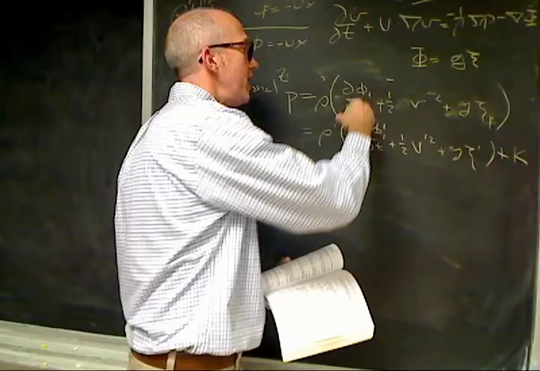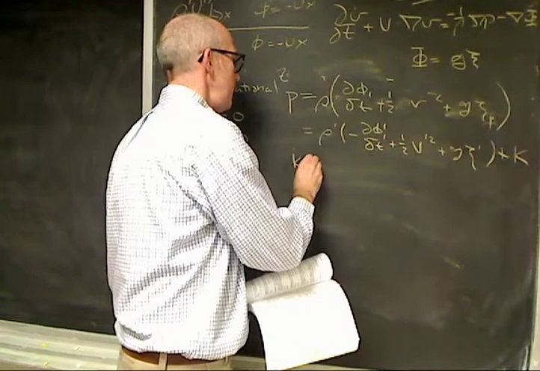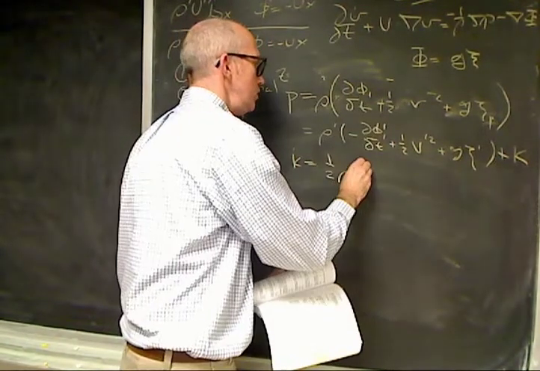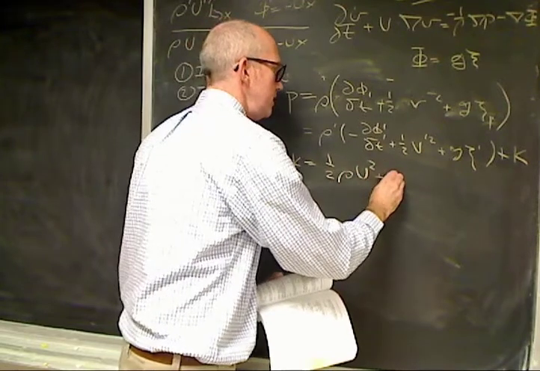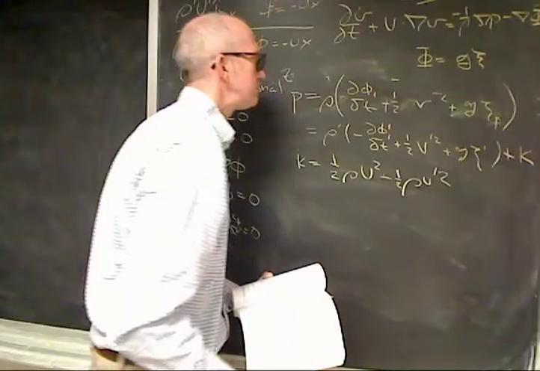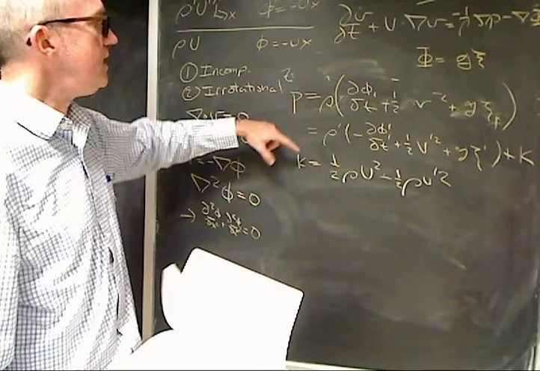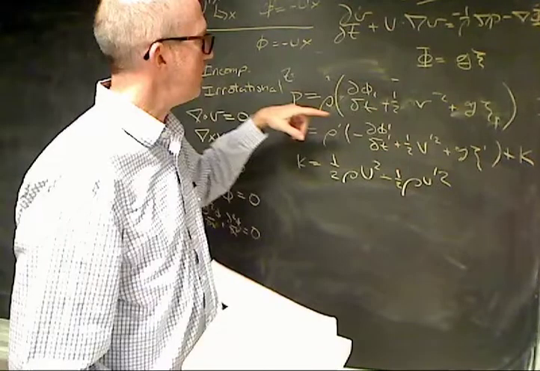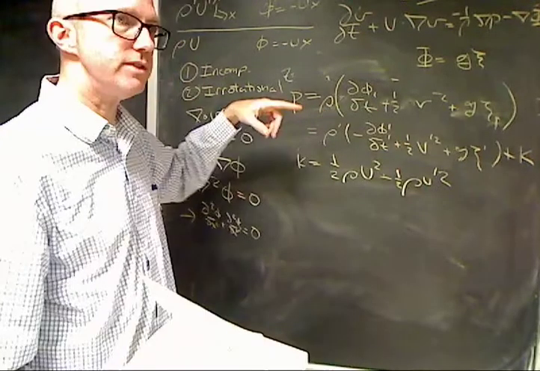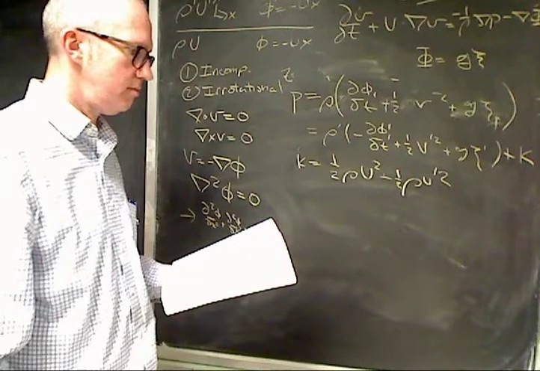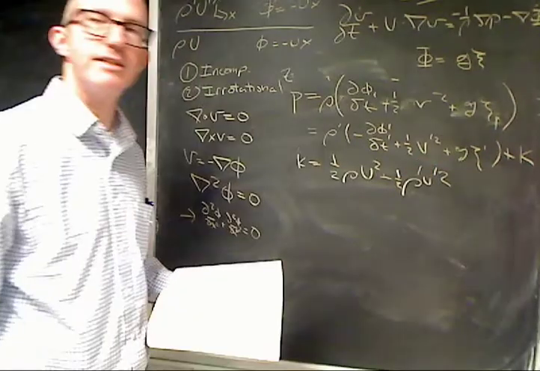In the background solution, these go away, and so we're left with k is just equal to 1/2 rho u squared minus 1/2 rho prime u prime squared, because the pressure has to be equal at c1 or at x equals 0. Is that rho prime? One of those is a prime. Yeah. Thanks. That one's a prime.